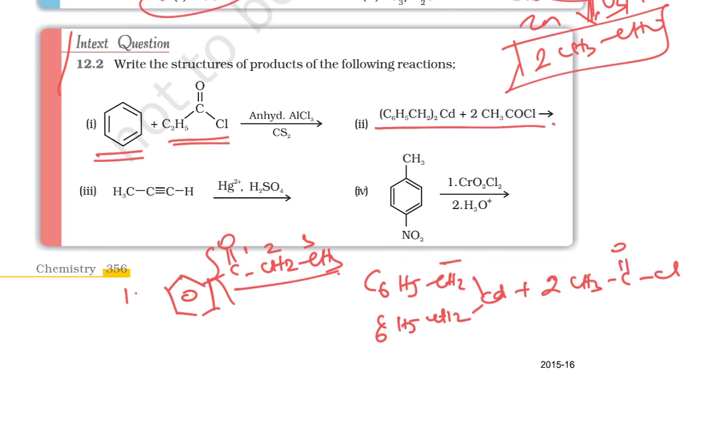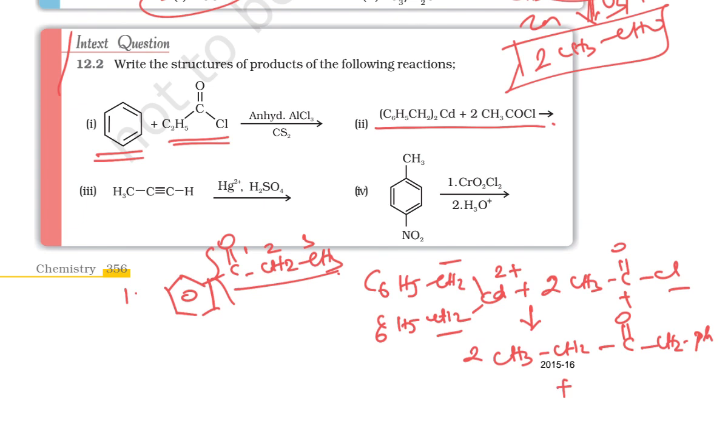So this is minus, this is minus, this is 2 plus, then this is plus, this is minus. Attach the plus and minus. So you will get CH3 CH2 C double bond O CH2 C6H5, clear? So this is your product.